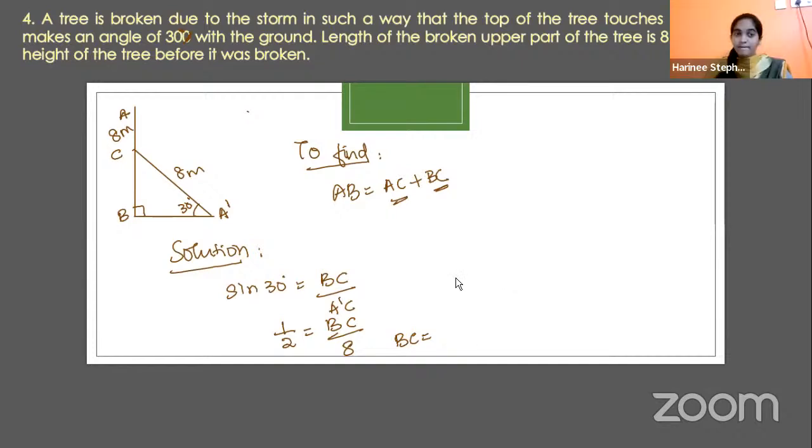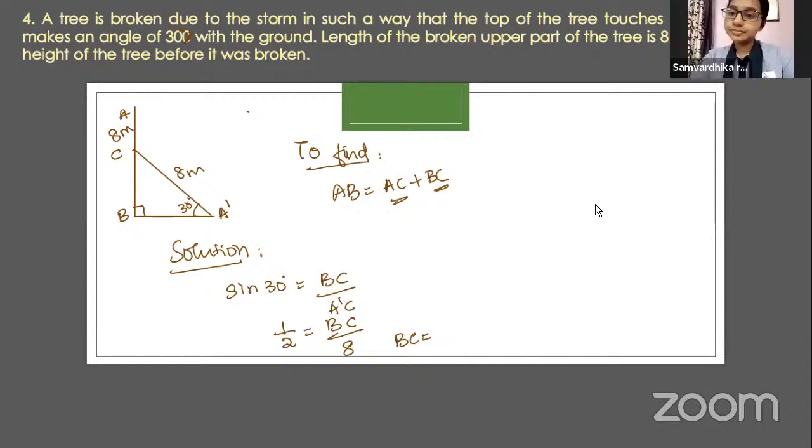Which one, dear? A dash B. Did you find A dash B? Is it necessary? Only the height of the tree has been asked. So go for the height of the tree, BC. BC is 4 meters, ma'am.